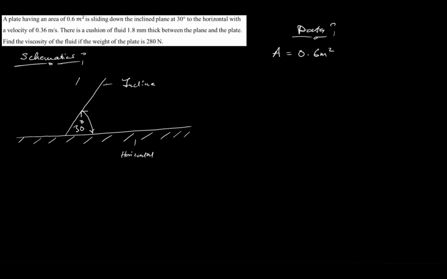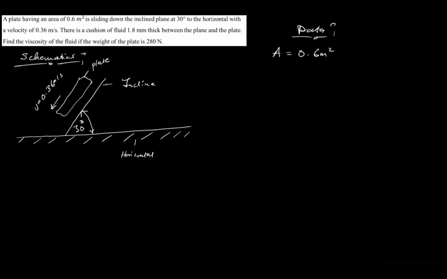So we can draw our plate something roughly as this. So you can call this the plate. So it's sliding down with a velocity u being equal to 0.36 meters per second.